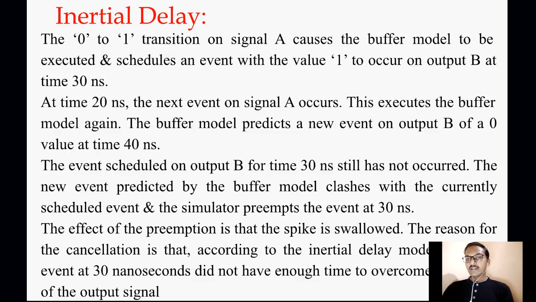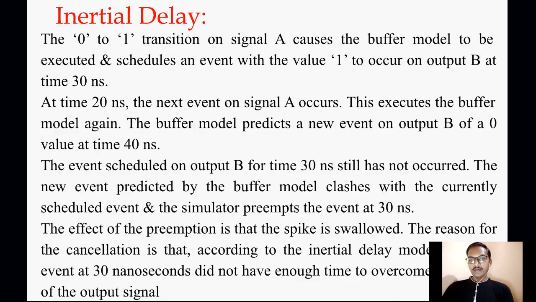But at 20 nanoseconds, the next event on signal A occurs, and this executes the buffer model again, and the buffer model predicts a new event on output B of a 0 value at time 40 nanoseconds. So the event on output B for 30 nanoseconds has still not occurred, and the new event predicted by the buffer model clashes with the currently scheduled event, and the simulator preempts the event at 30 nanoseconds.